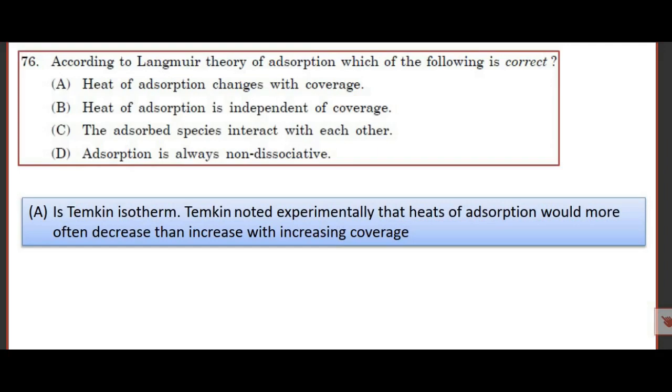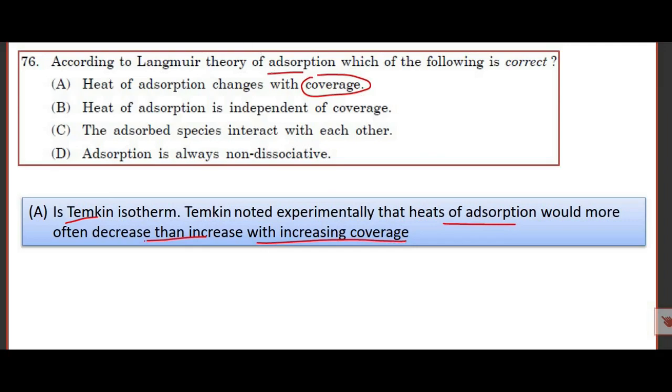According to Langmuir theory of adsorption, which of the following is correct? Heat of adsorption changes with the coverage is called Temkin isotherm. A is called Temkin isotherm, where Temkin noted experimentally that the heat of adsorption would more often decrease with increasing coverage.